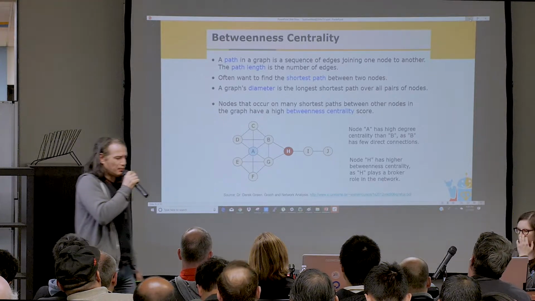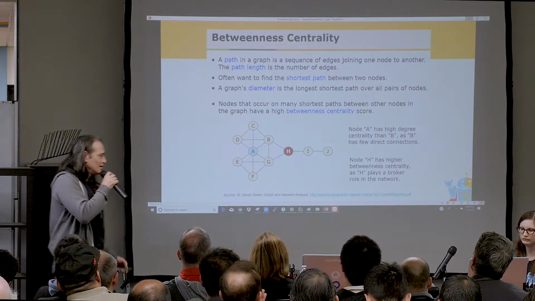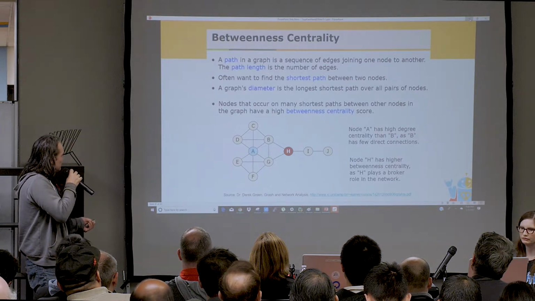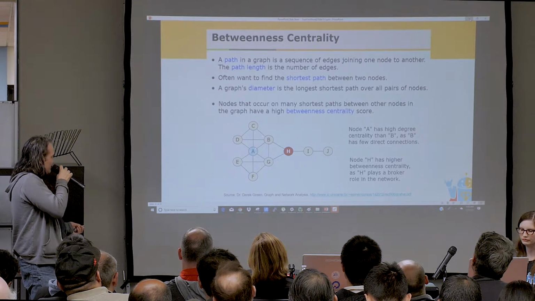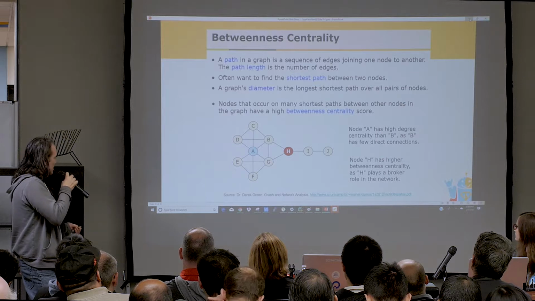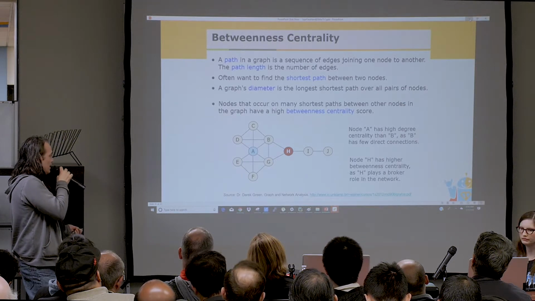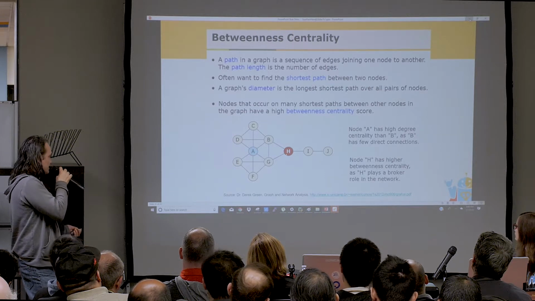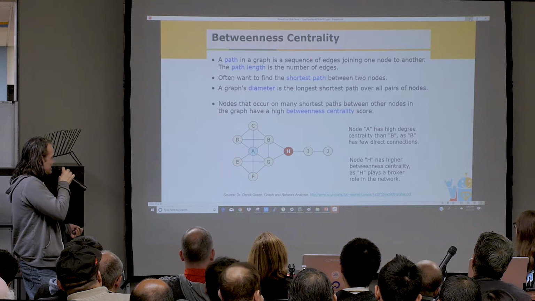Another concept that's pretty important in graph theory is something called betweenness centrality. It's a score that measures how many times you have to go through a node to get to the shortest path to another node. For example, node H has the highest betweenness centrality because it acts as a broker.